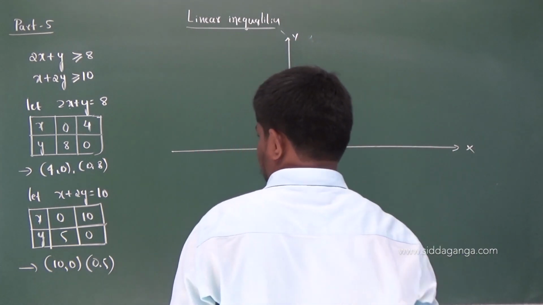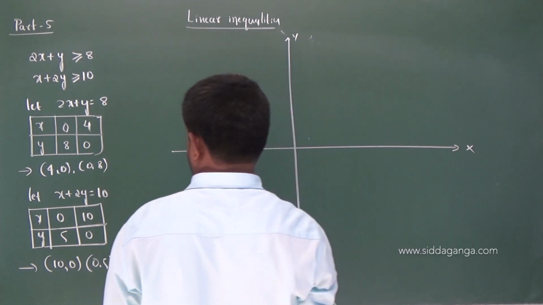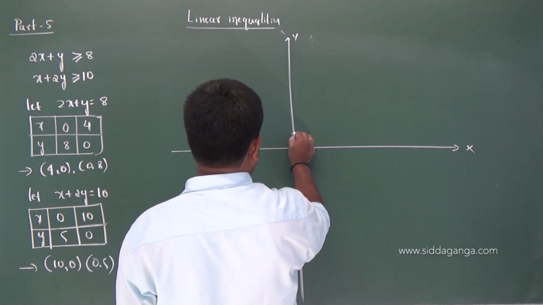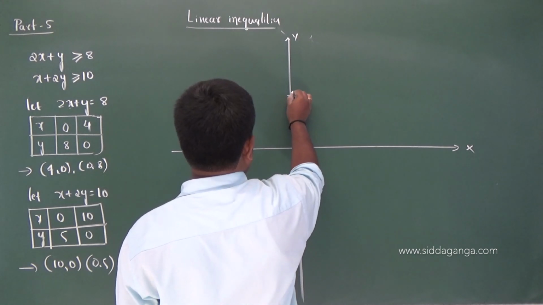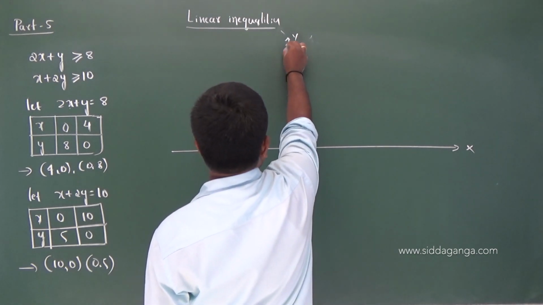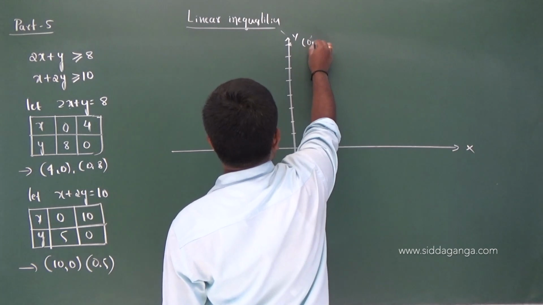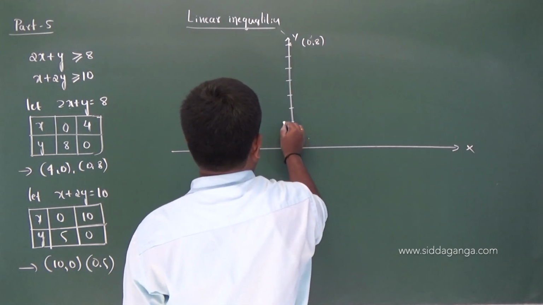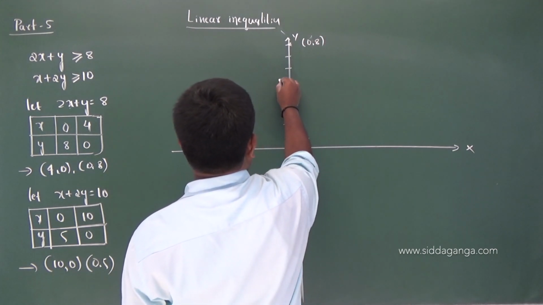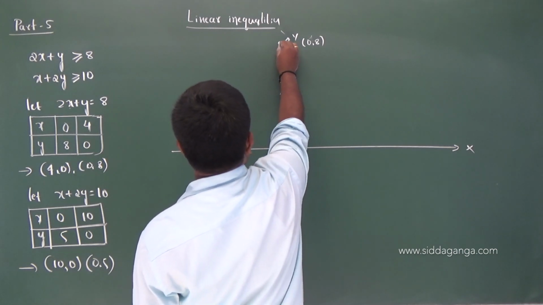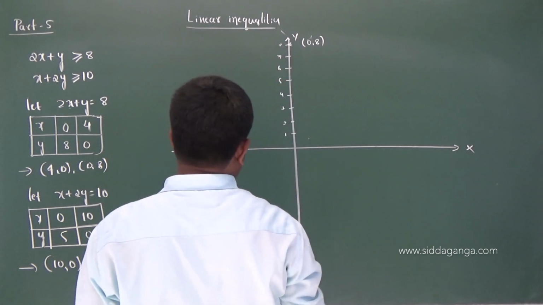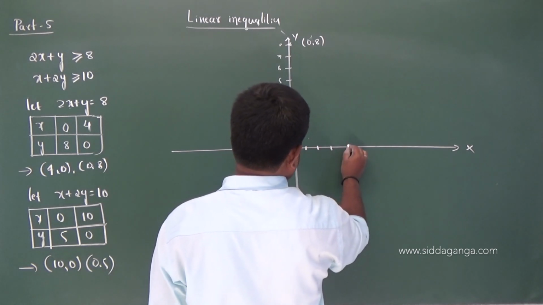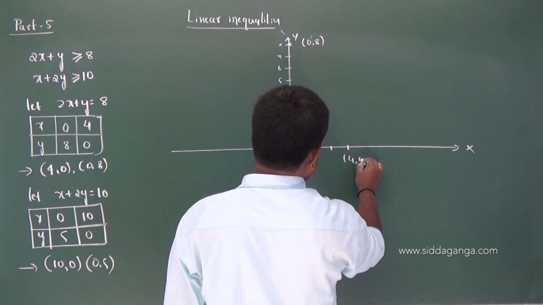First one, (4, 0) and (0, 8). This is your (0, 8): 1, 2, 3, 4, 5, 6, 7, 8. This is your (4, 0).